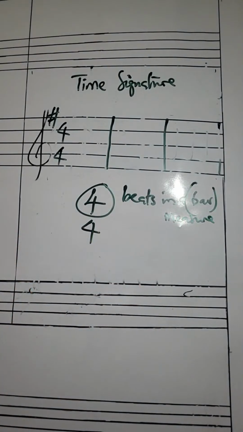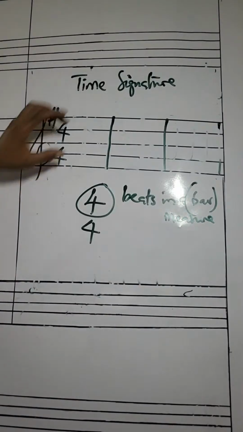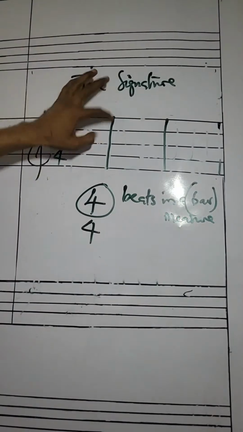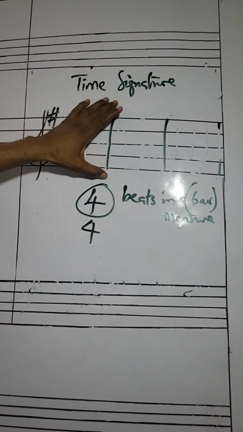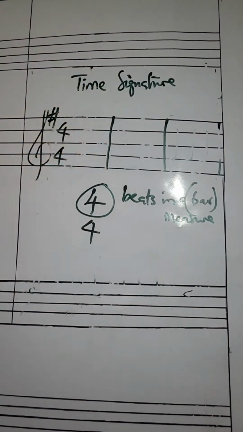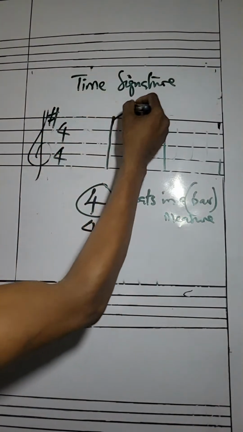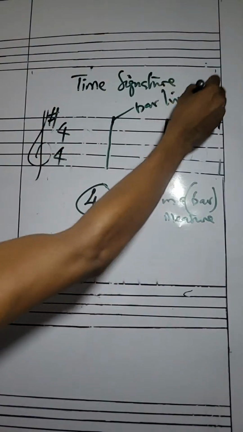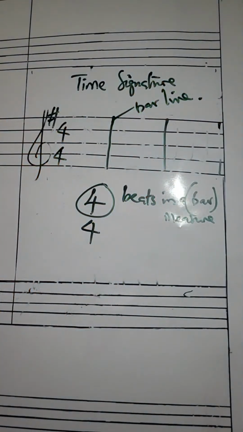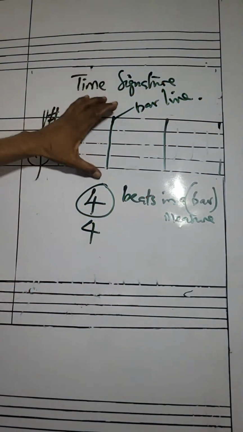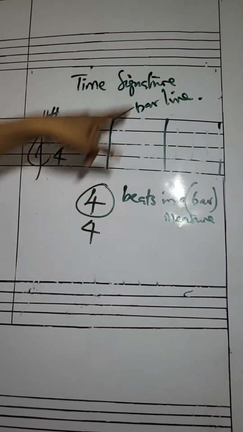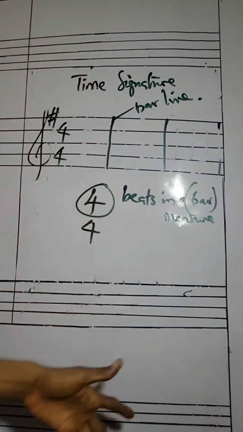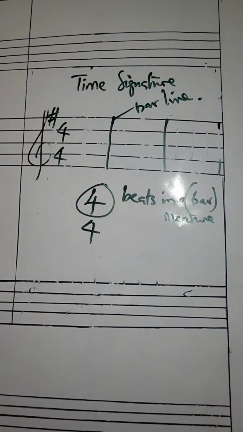So it tells you how many beats are in a measure. Now what is a measure? The distance from here to this bar line. The straight line across here is the bar line that divides the piece of music into equal portions.